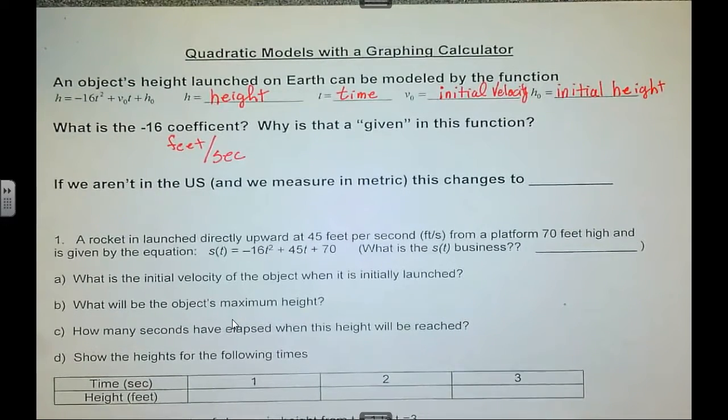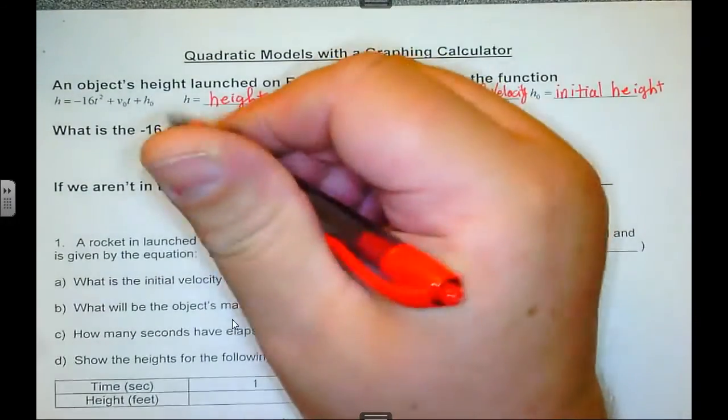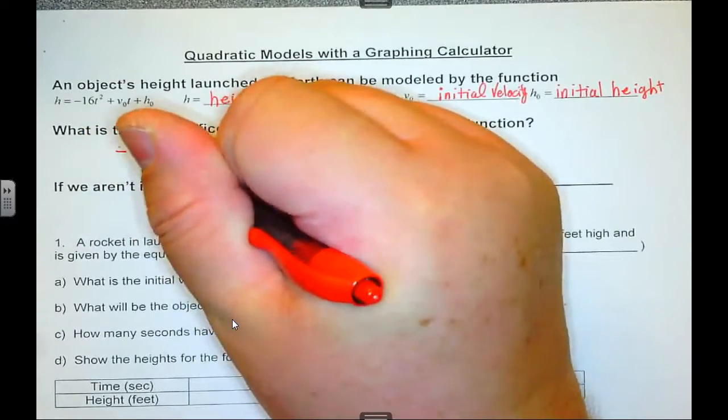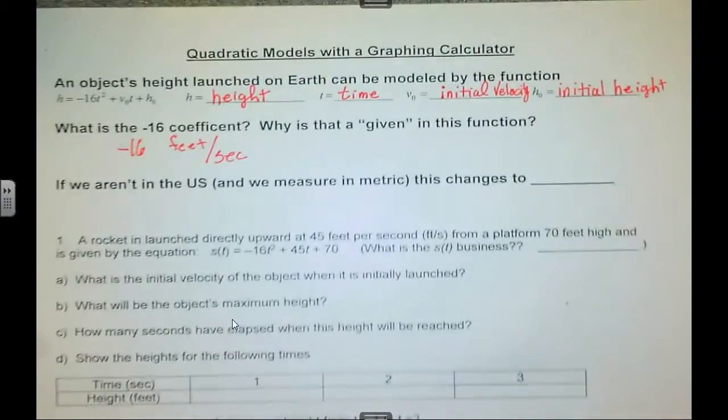Anybody guess? If I drop an object, it's decreasing. What happens when I drop an object? It's going to fall. Why is it going to fall? Gravity. So it's actually falling at a rate of 16 feet per second.